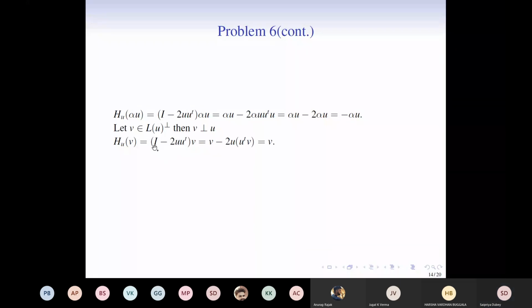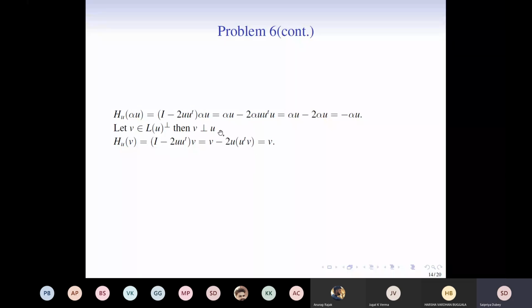Then we expand: the identity operated on V is just V, and this gives us minus 2 U U transpose V. Oh, I'm sorry, so here it should be V minus 2 U U transpose V. Here we are taking V to be perpendicular to U, because of which this inner product of U and V, which is U transpose V, turns out to be 0.